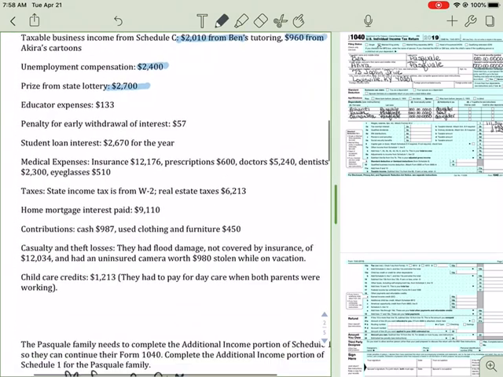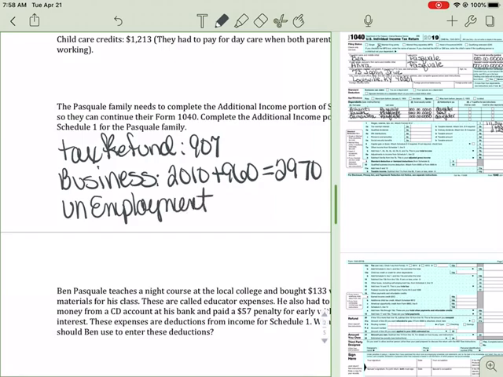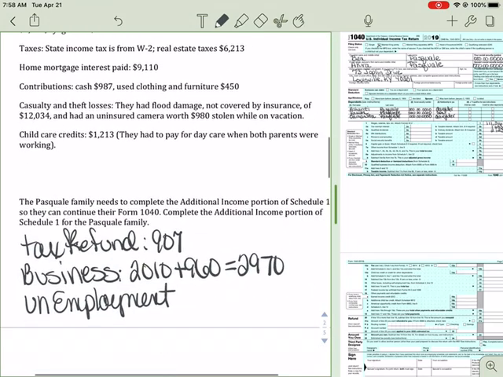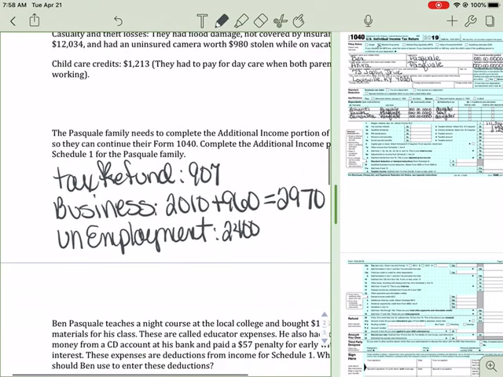Okay. Then they have unemployment. Now I'm just writing all this down. And that was 2,400. And then they also had a prize from the state lottery, which was 2,700.